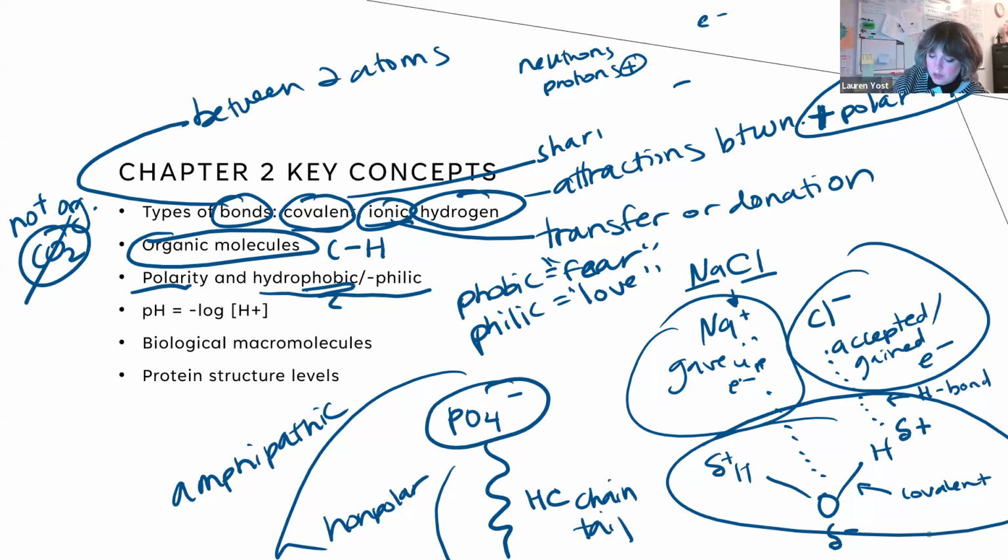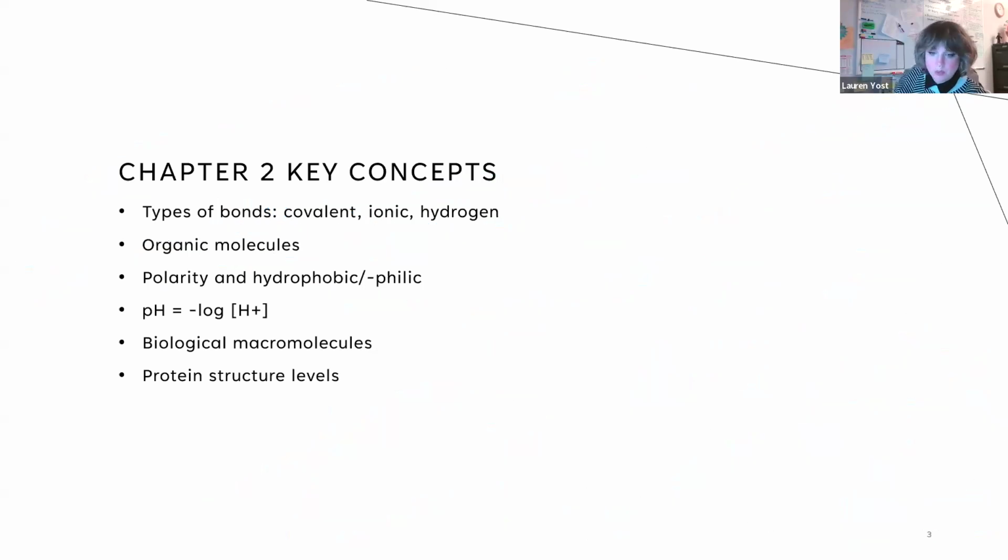All right, so next we're going to talk about the pH scale. The pH scale depends very heavily on hydrogen ion concentration, so those H pluses. All right, so literally the pH scale. pH means the negative logarithm of the concentration of the hydrogen ions.